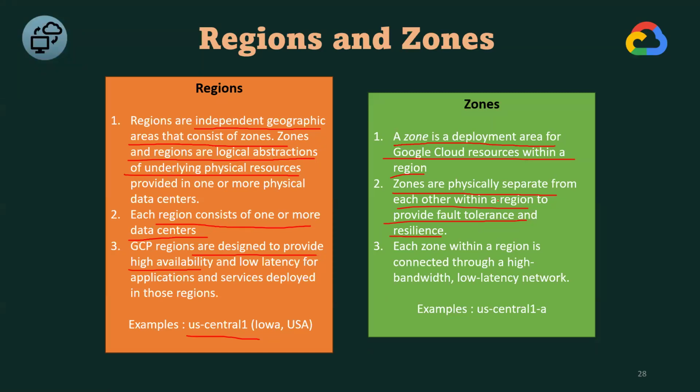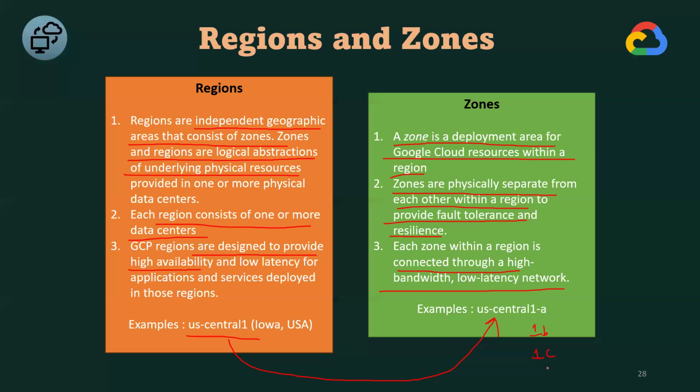Zones are physically separate from each other within a region and connected by a high bandwidth, low latency network. One example of a zone in the US Central 1 region is US Central 1A, then 1B and 1C. So this region has three zones: 1A, 1B, 1C.